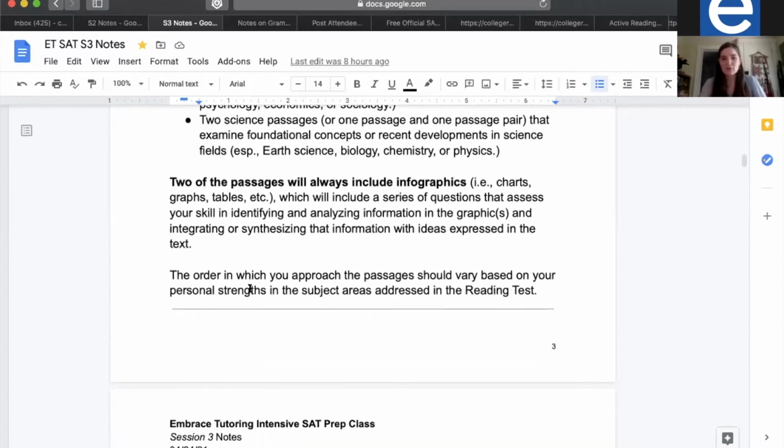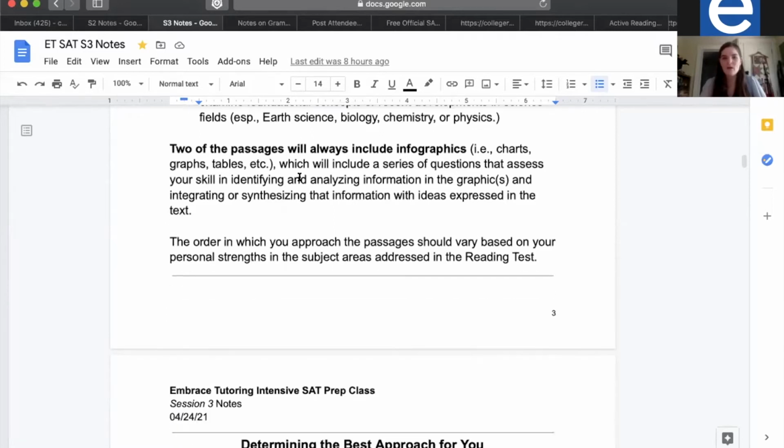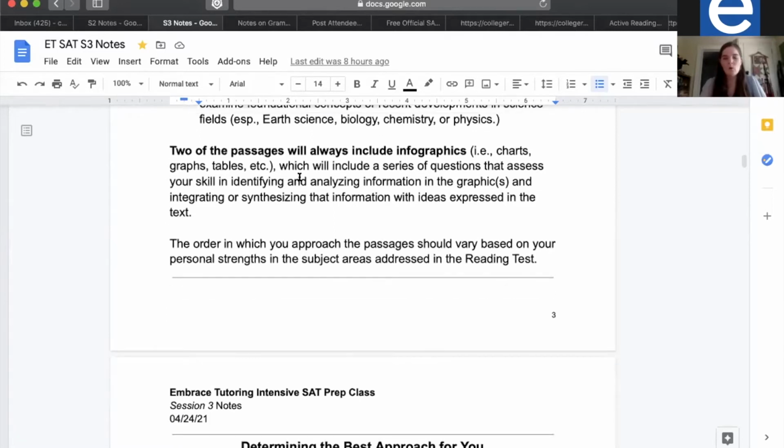But 2 of the passages are always going to include infographics, which you should all know from your reading. So those are infographics or things like charts, tables. They could even be maps or different things like that. Okay. And if there's an infographic, you will always have a series of questions that will assess your skill in identifying and analyzing the information in the graphics, as well as integrating or synthesizing that information with ideas expressed in the text.